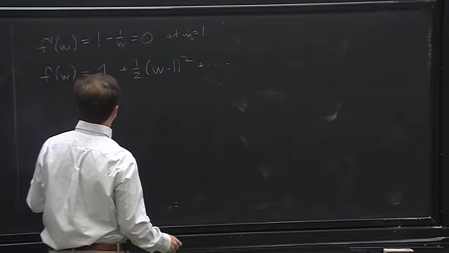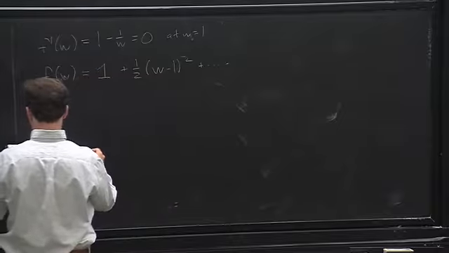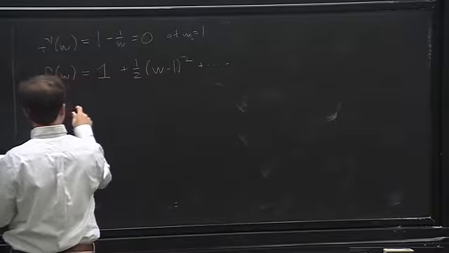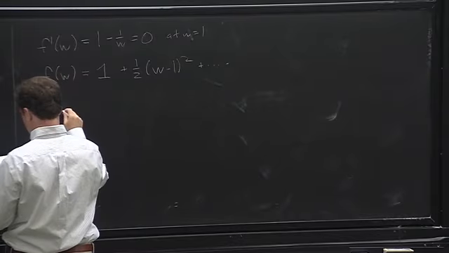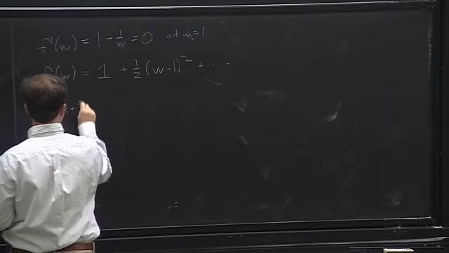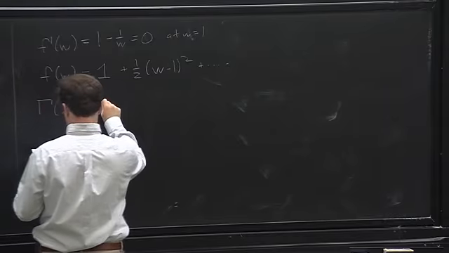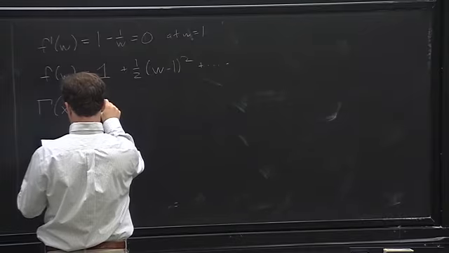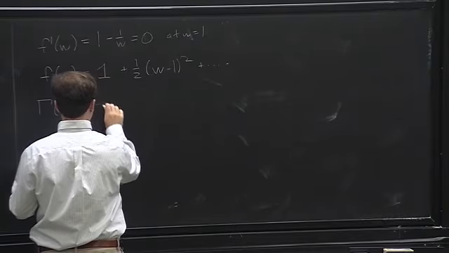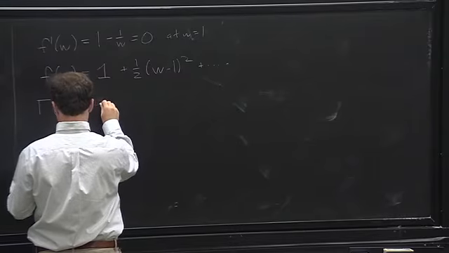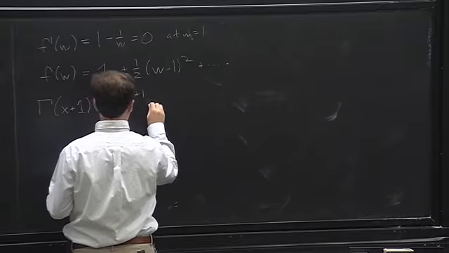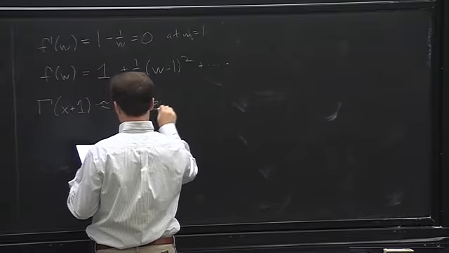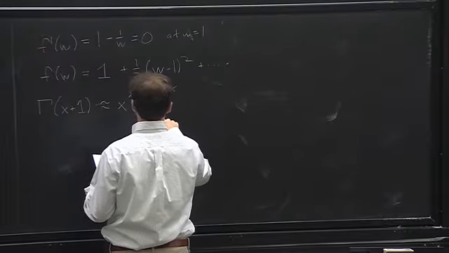And so using this approximation for f, what we get is gamma of x plus 1 is x to the x plus 1 e to the minus x.